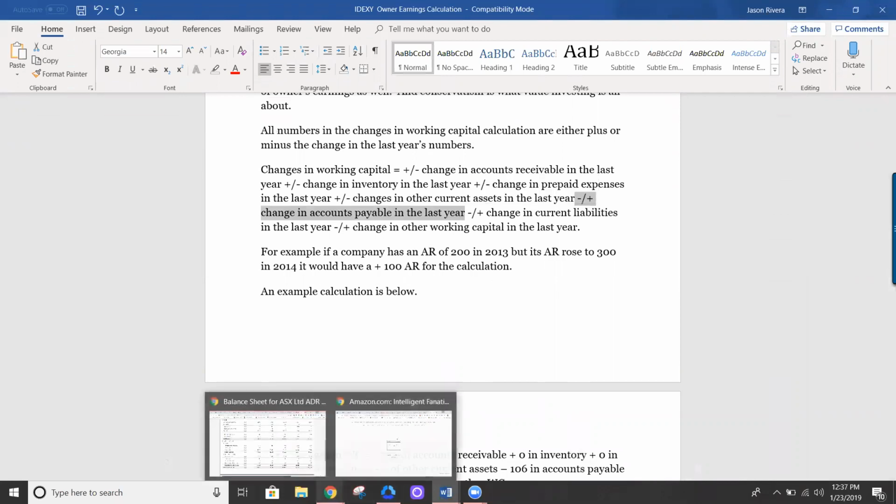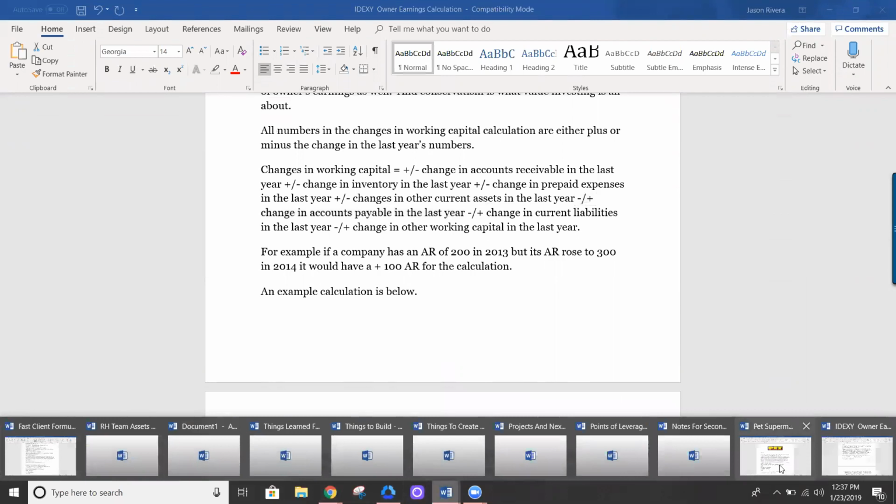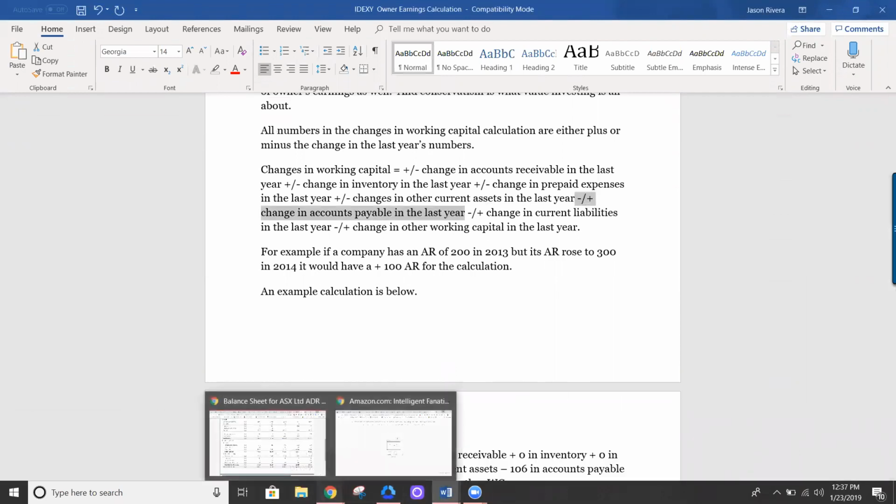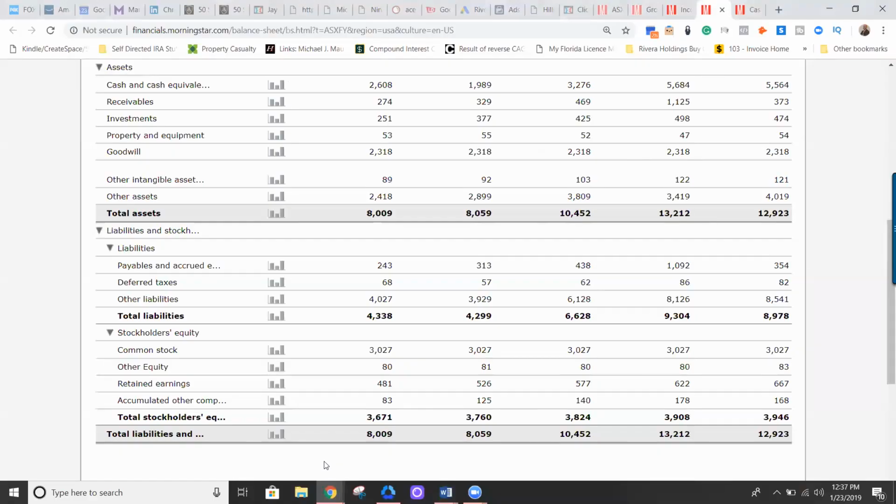Remember, we're trying to be conservative. So what should this number be? Account payable. Any guesses, Alice? So if you calculate normally it's negative 738, is that what you got?